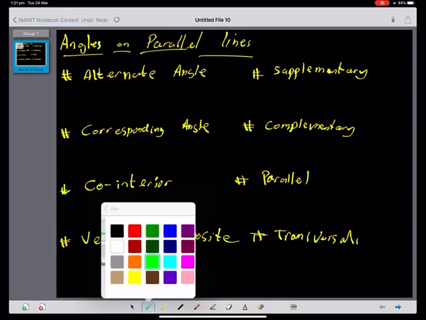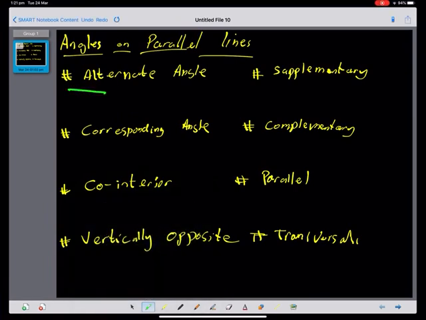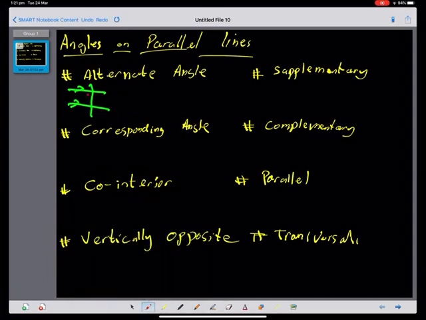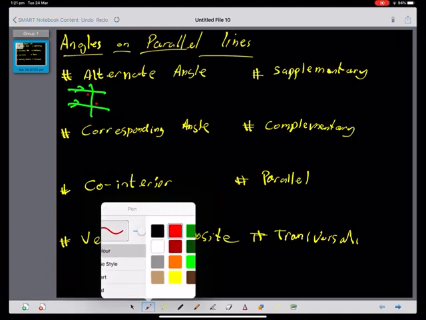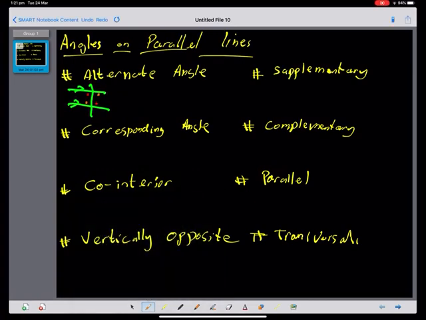So let's draw the diagrams first of all to indicate what an alternate angle is. So we have two parallel lines. We have a transversal, and the alternate angles are here and here, and here and here.